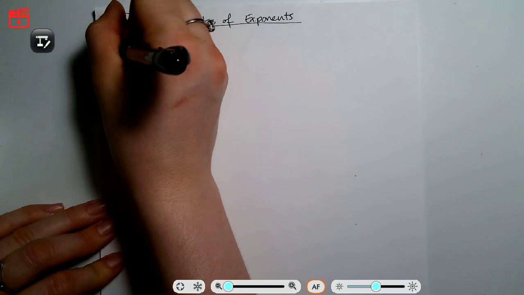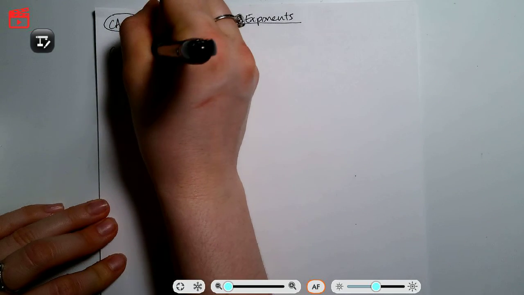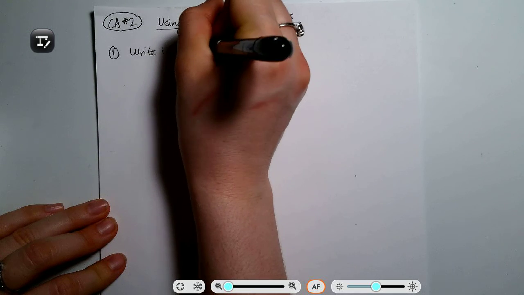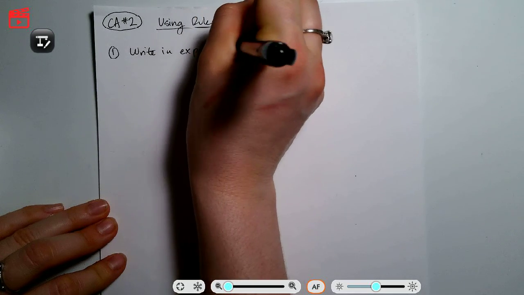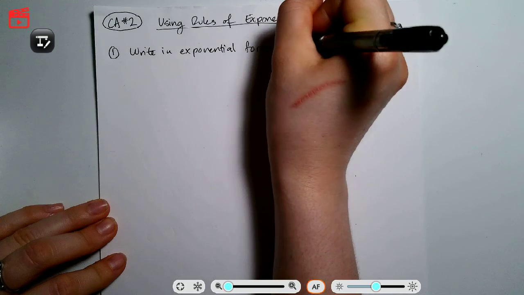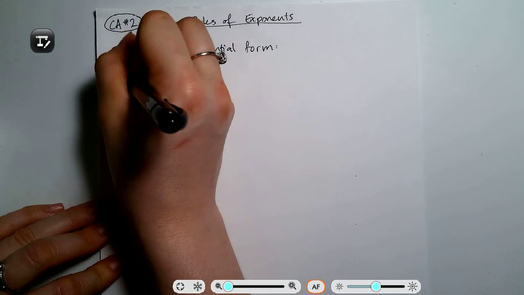Alrighty, number 1. Write in exponential form. We have 2 parts. A.